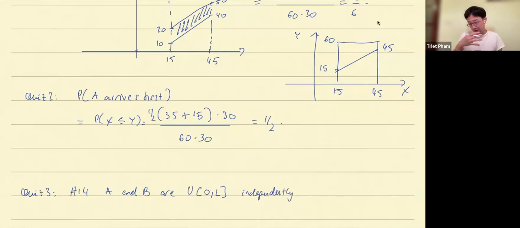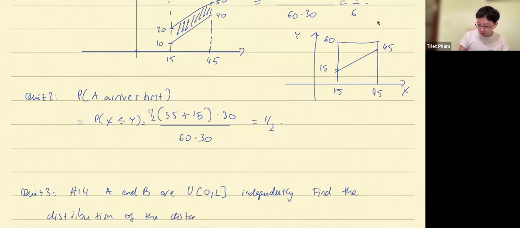That's all there is, though the book goes on and on. They ask for the distribution of the distance between A and B. So what are we looking for and how do we do it?